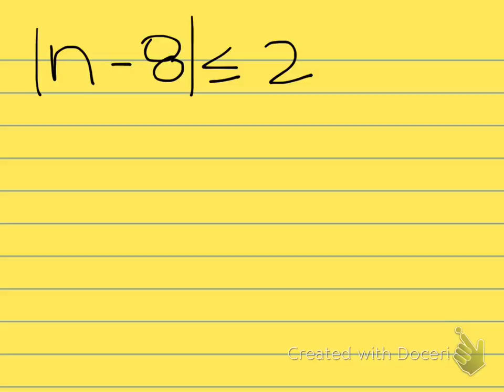So when you're solving an absolute value inequality, you're going to have to set the inequality up as a compound inequality in the beginning. There's 2 choices for compound inequalities, as we learned in lesson 5.4, which would be and inequalities and or inequalities.